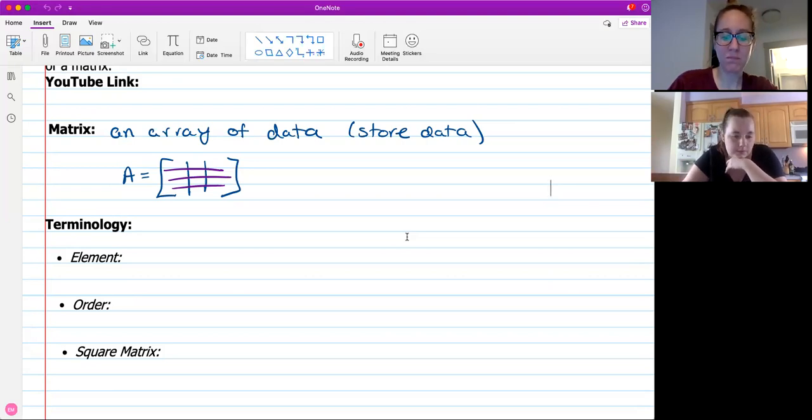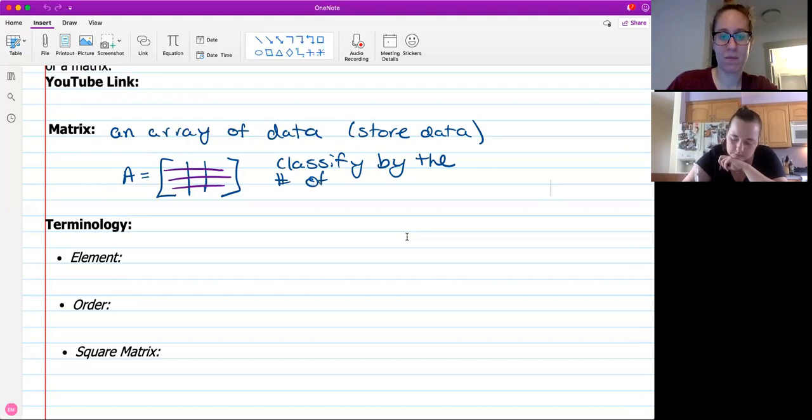We classify matrices, so we tell you what they are. We classify them by the number of rows and number of columns.